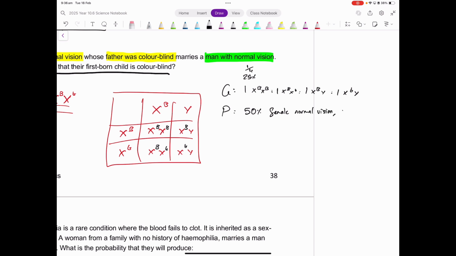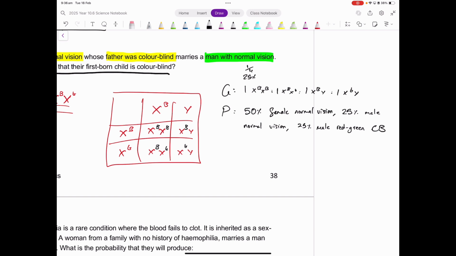It will then be 25% chance of a male with normal vision. And lucky last, there is a 25% chance of a male with red-green colour blindness. There you go. I just said colorblind.